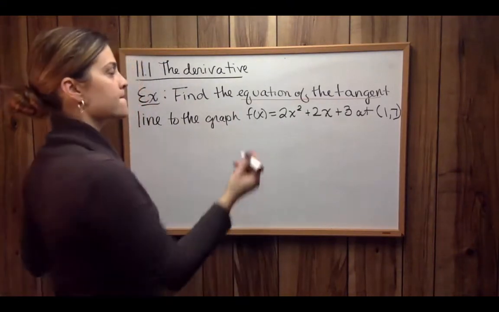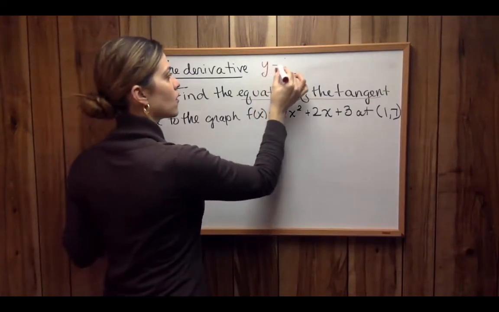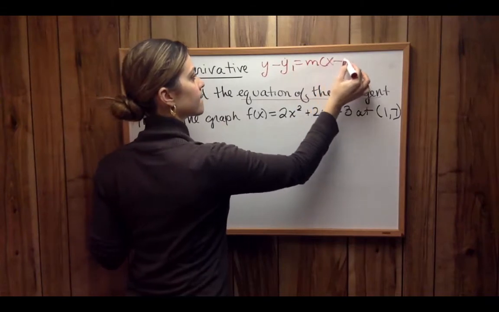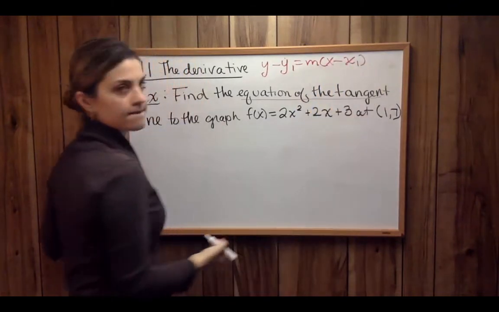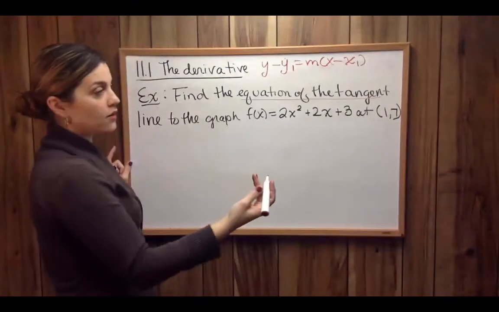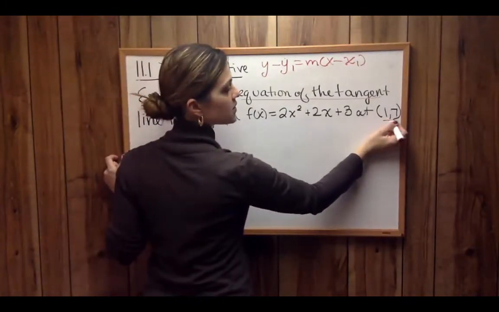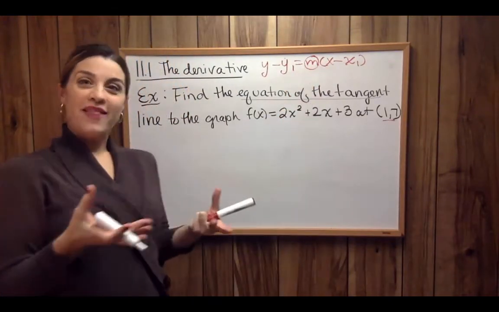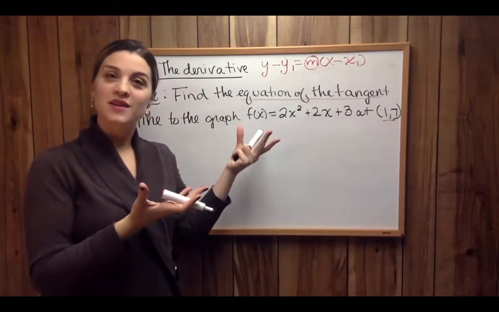Because remember, if we use the point slope formula, all you are missing right now is the slope, because you have a point, right? So you have your x1 and your y1. You're missing your slope. So you just have to find that. Substitute then the values in at the end.